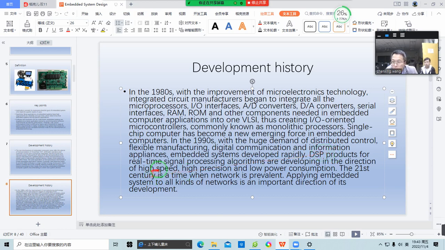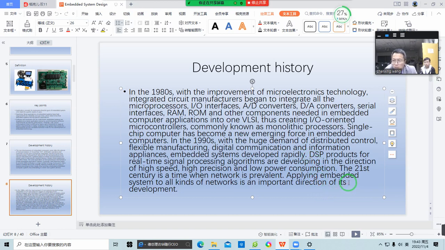So DSP is for real-time signal processing algorithms: high speed, high precision, and low power consumption. The most dominant processor at that time was the TMS320, which is produced by TI company.